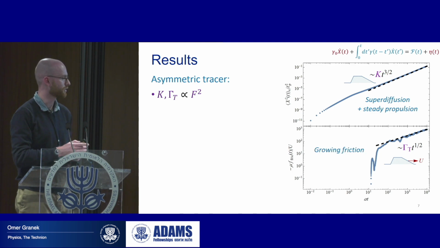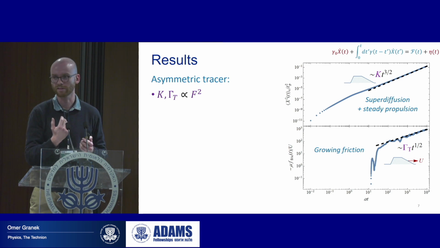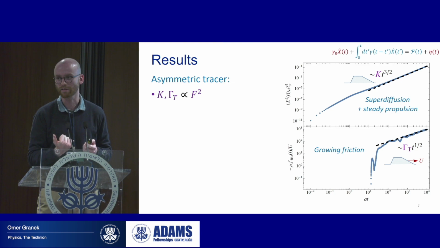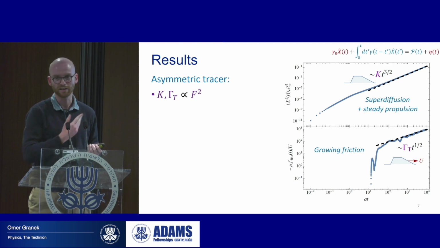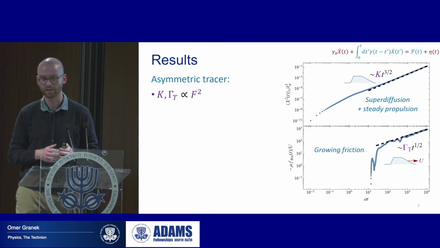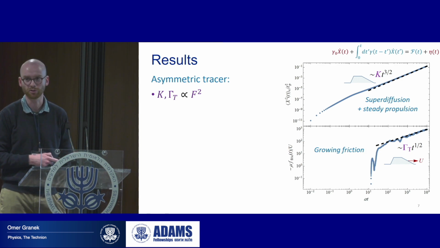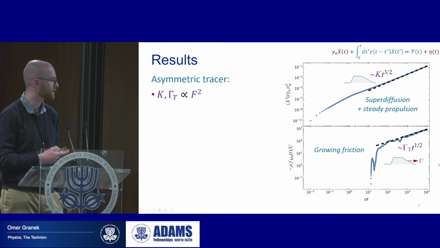Likewise, when you tow the tracer at a constant velocity and measure the friction force exerted on it by the active bath over time, we find this force grows with time to the power 1/2. Here we see numerics, simulations of the microscopic models, and on top of them are analytical predictions without any fitting parameters, so that's nice.